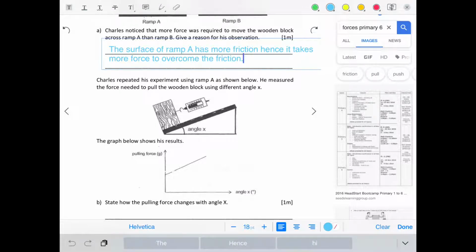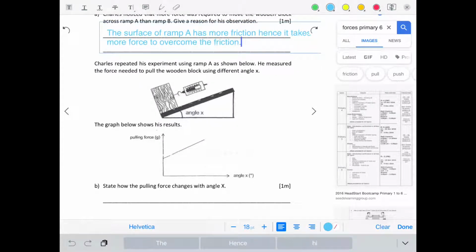Okay, so state how the pulling force changes with angle x. As x increases, what is going to happen to the force? Is it more or less? When x changes, it becomes steeper. Correct.